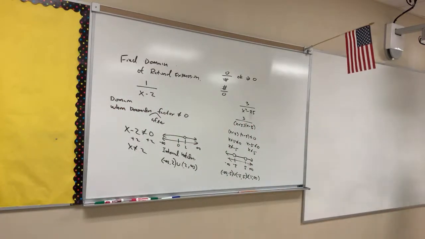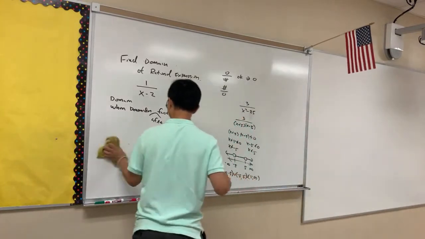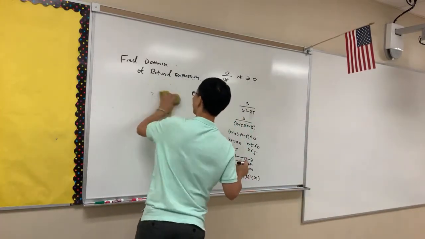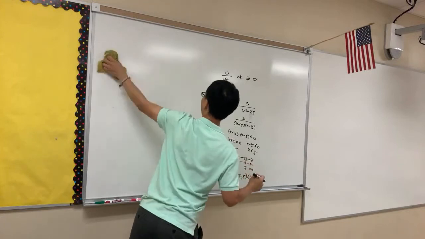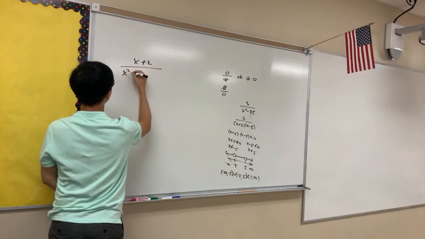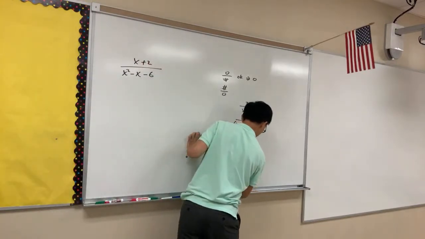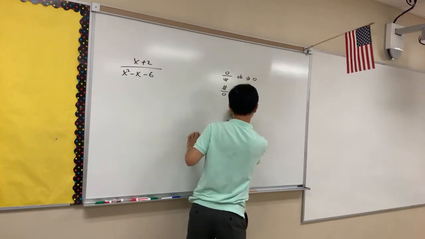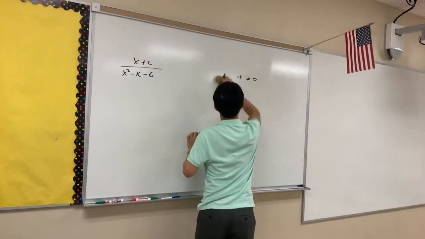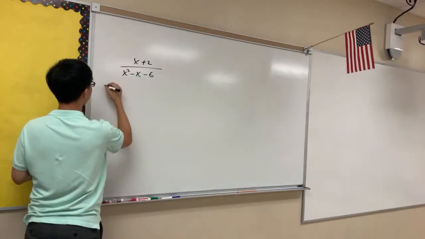So let's try one more. I have x plus 2 over x squared minus x minus 6. I want you to find the domain of this function.